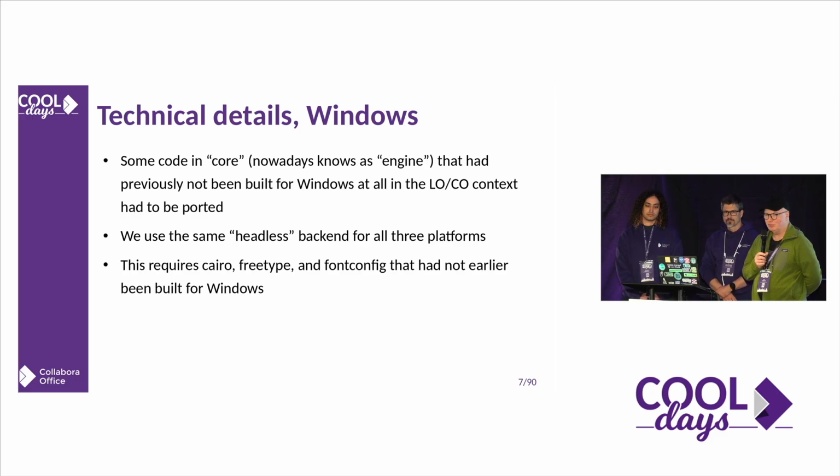We used the same so-called headless backend for all three platforms. And this then required using these Cairo, FreeType and fontconfig libraries. As such, these had been ported to Windows already some time ago, but that was a bit outdated, and of course to compile as part of Collabora Office it required more exotic tweaks and patches.